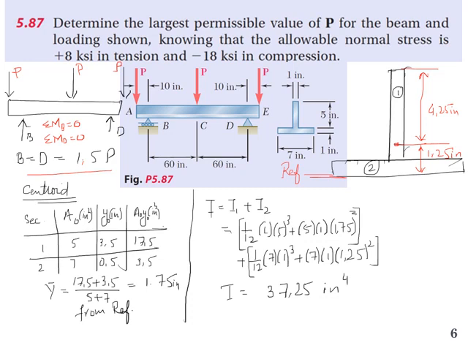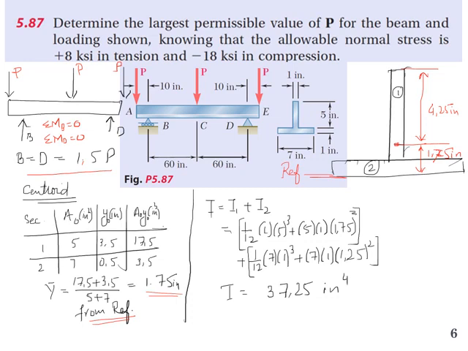We multiply these two values, and Y bar is 17.5 plus 3.5 divided by 5 plus 7. So it becomes 1.75 inches from the reference, meaning from the bottom. Sorry, it is 1.75, not 25.